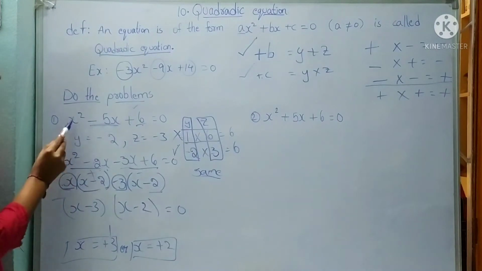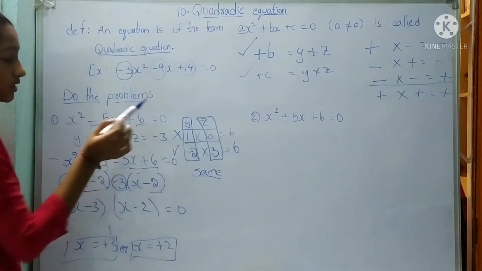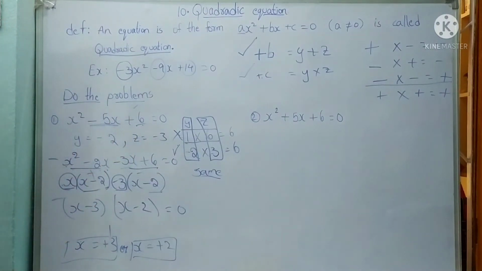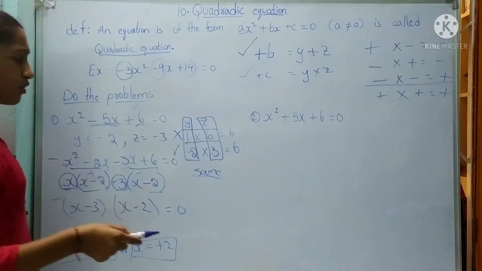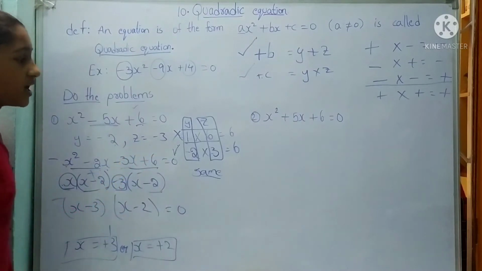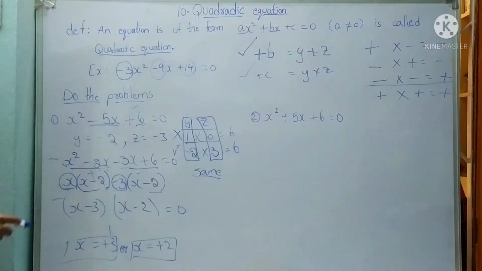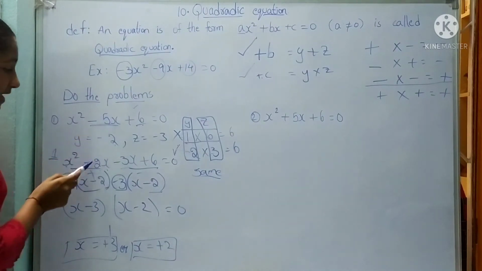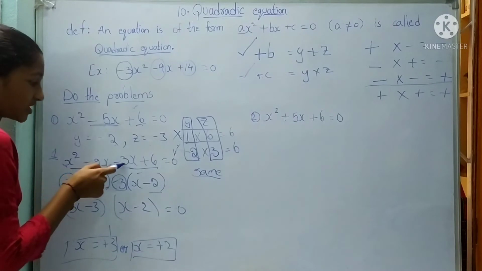Here x square minus 5x plus 6 is equal to 0. And here the roots are y is equal to minus 2 and z is equal to minus 3. This is the pair which I took. And here the first step is x square minus, I am splitting the minus 5x as minus 2x and minus 3x.